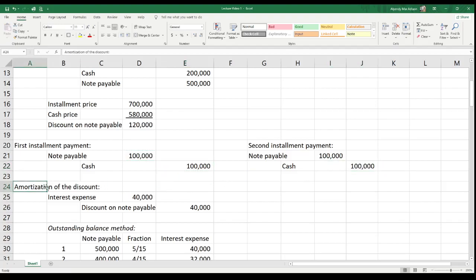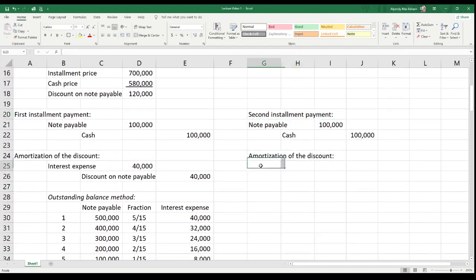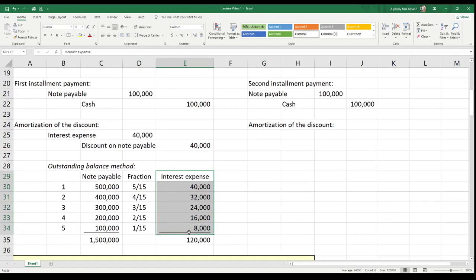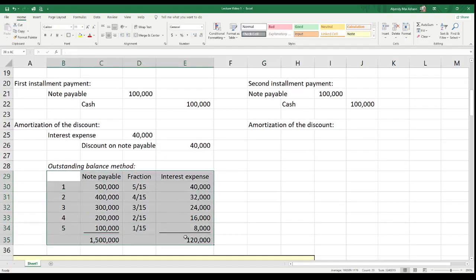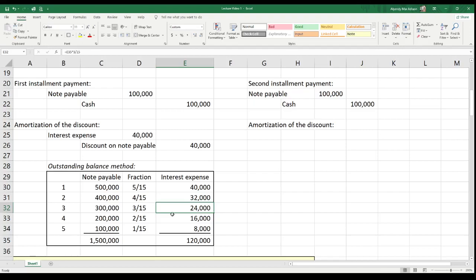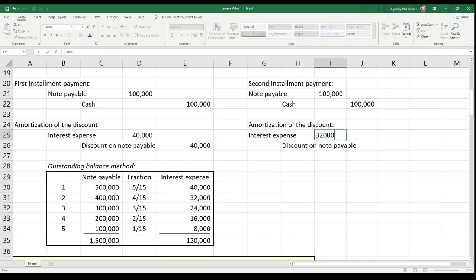Where the difference lies is on the amortization of the discount. Since we are already in the second installment payment, the amount of the interest expense would now be different because we will base it on the outstanding balance table. So that would still be a debit to interest expense, credit to discount on note payable, but the amount would now be 32,000 pesos.